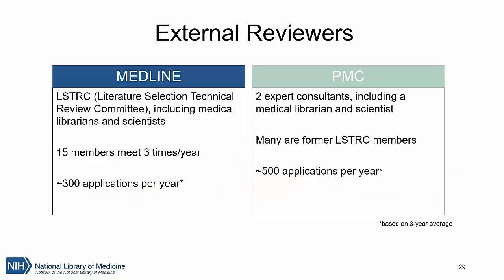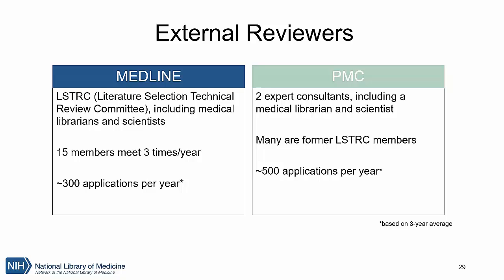Let's review who our external experts are. For Medline, this review is done by the Literature Selection Technical Review Committee, or LISTRIC. LISTRIC has 15 members, including medical librarians and scientists, and it meets 3 times a year. On average, Medline reviews 300 applications per year.